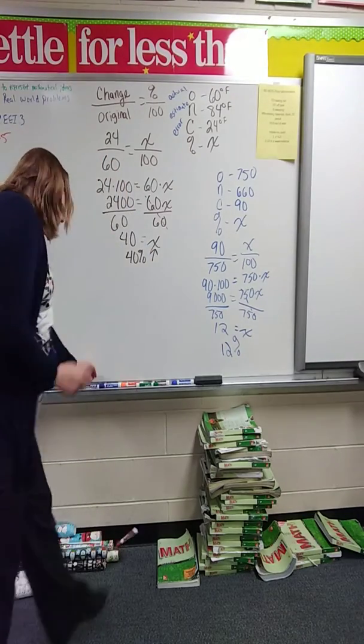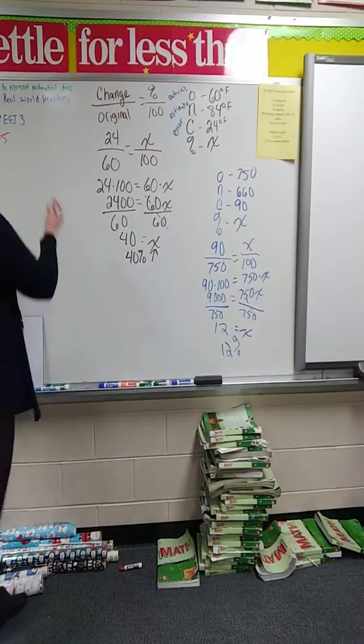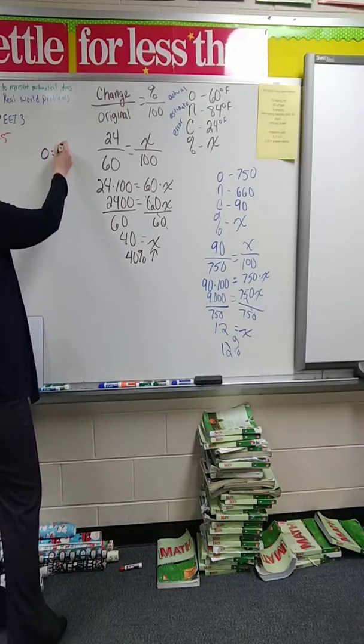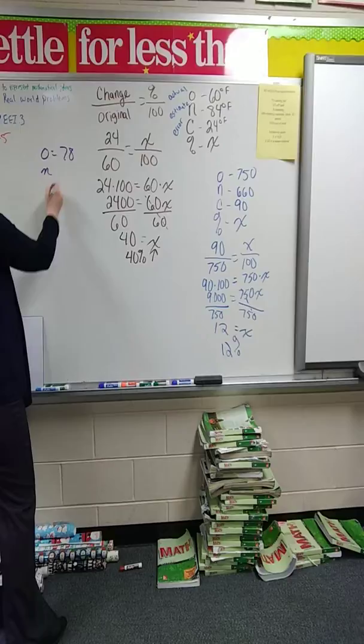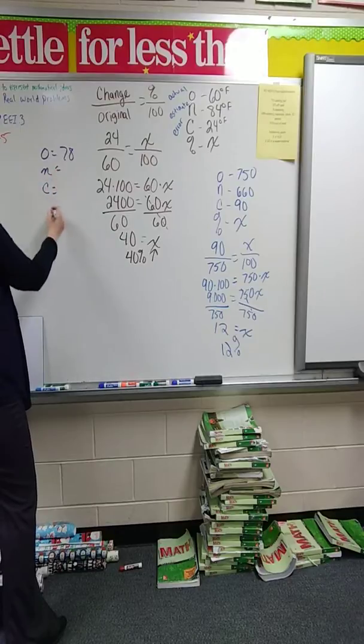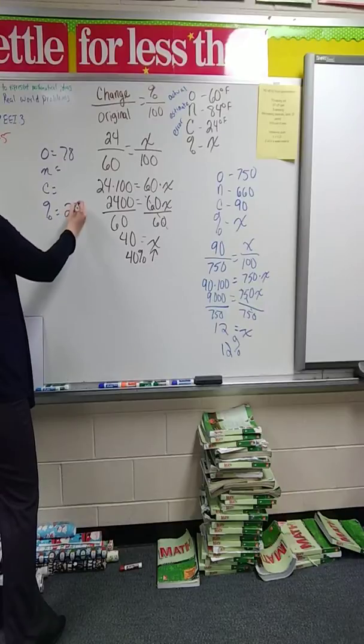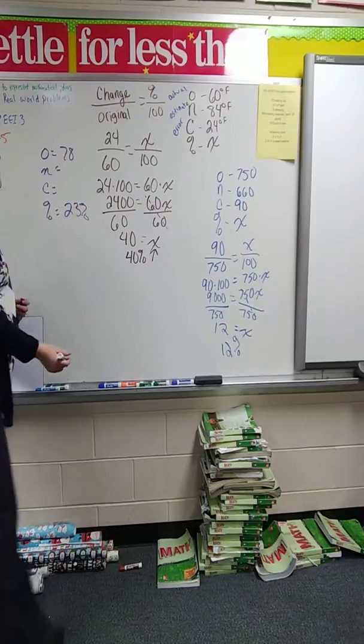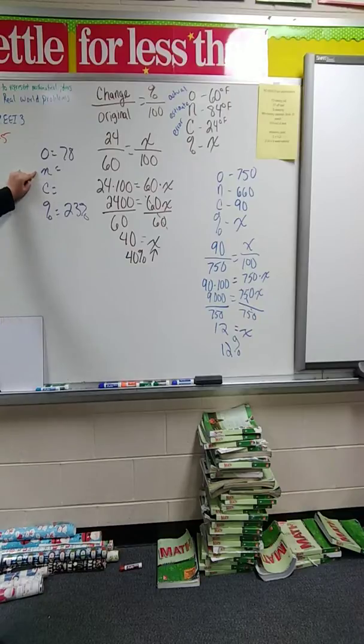If I have O equals 78, and C, the percent is 23%, can I find n? Can I get to n? I can. How do I get there?